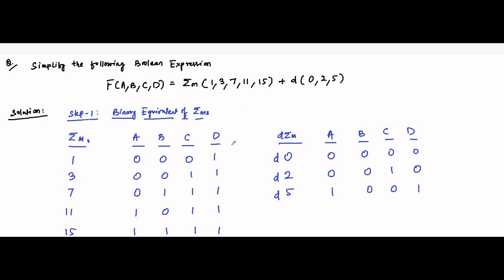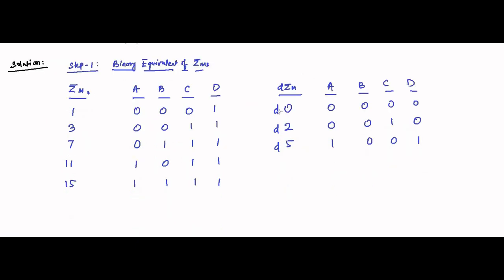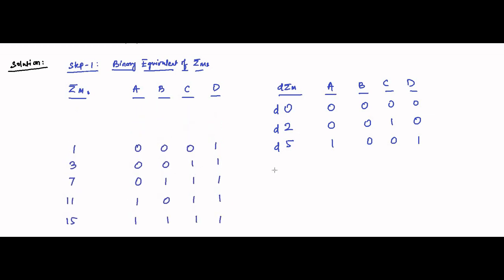Now we have to group them into different categories depending upon the number of 1 bits that are present, in ascending order, with respect to the position of the 1 bit from LSB to MSB position. So here we have D0 with no 1 bits, so let us create some space for that.